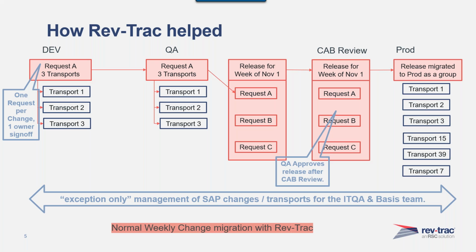They can move stuff from dev to QA and all the way up to the CAB review without anyone else needing to be involved with the process. And then once the CAB review is done and everything is approved there, it just goes. We approve it and it goes into production per our schedule, which in this case is, let's say, 4 o'clock on Thursday.